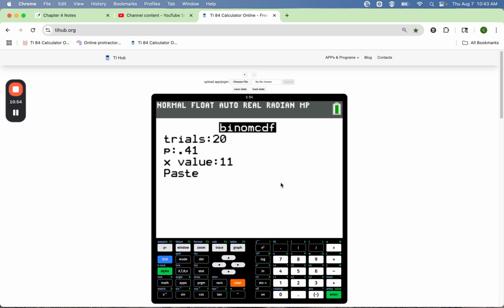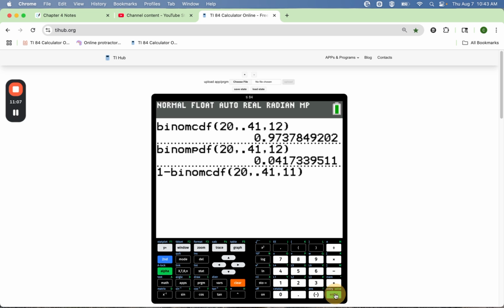Remember, binomCDF gives you the lowest value all the way up to the value you choose, so 0 to 11 in this case. So 1 minus that gives us 12 and above. So there you go: 6.79% of the time, 12 or more people will have a high school diploma but not be pursuing any higher education.